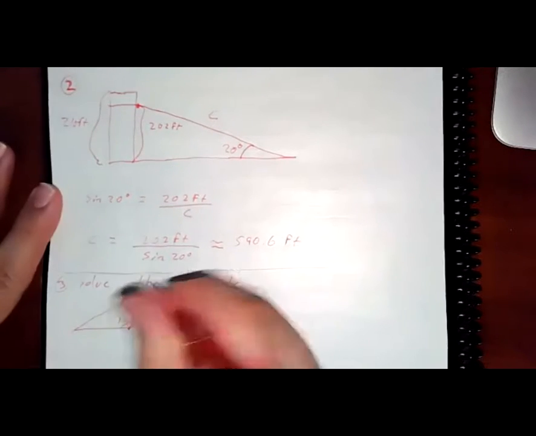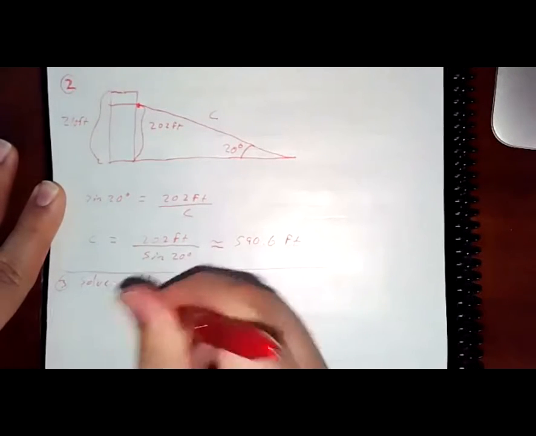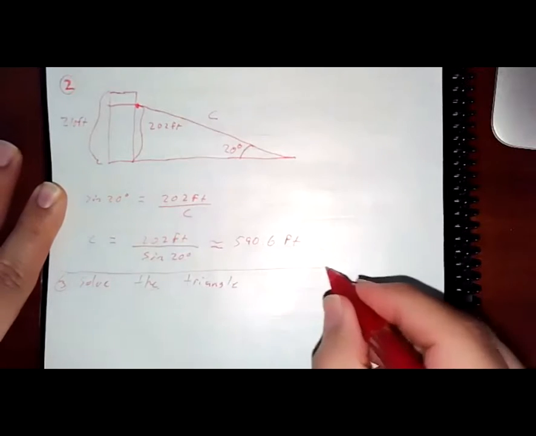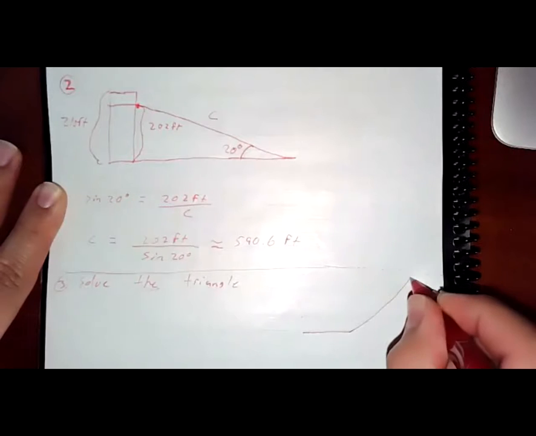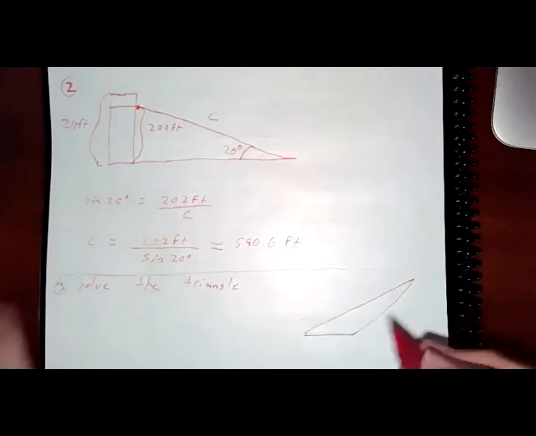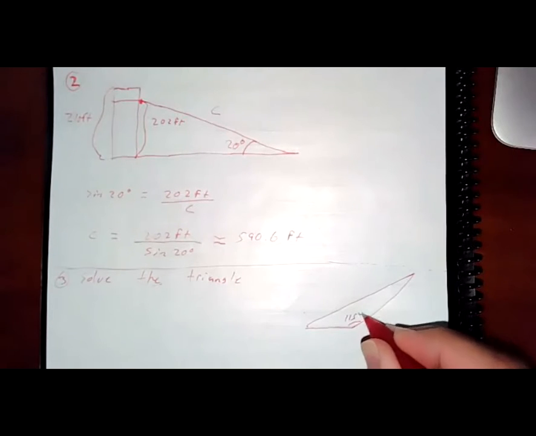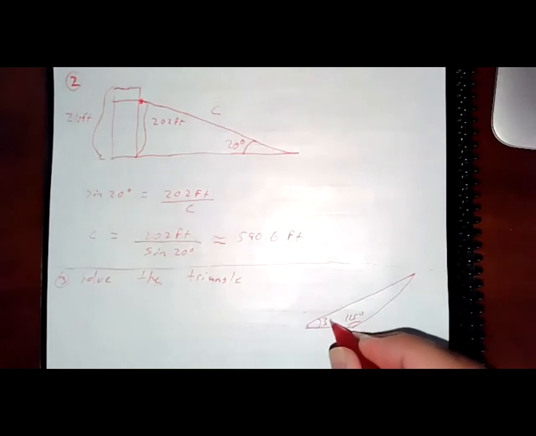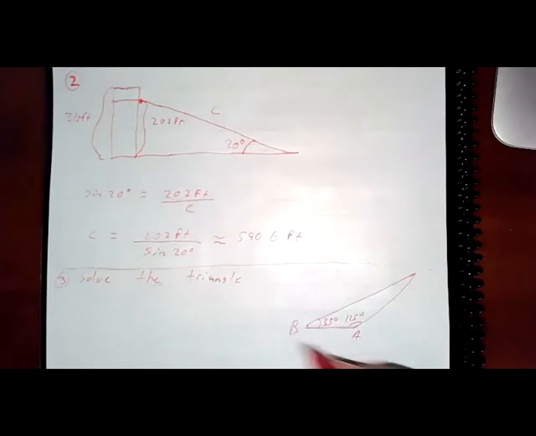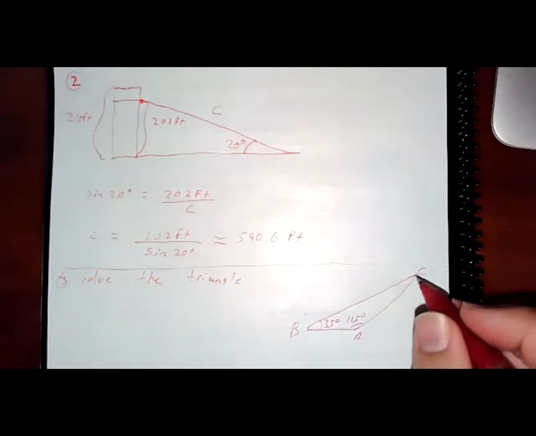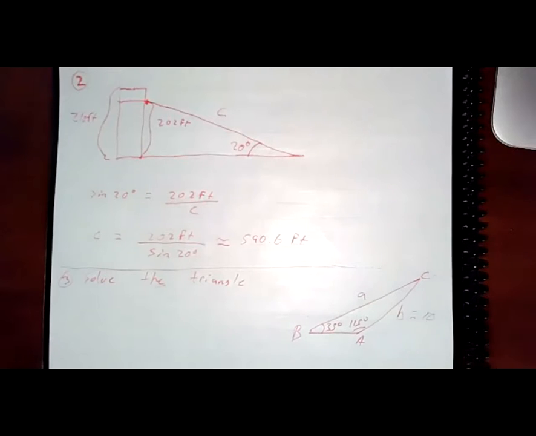Let me make that bigger. You can barely see that. Okay, so the angle in here is 115. This angle is 35. This is A. This is B. This is C. This is little a, little b, which is 10. Little c is not given.